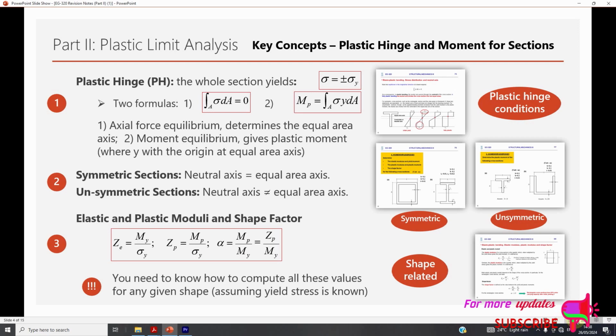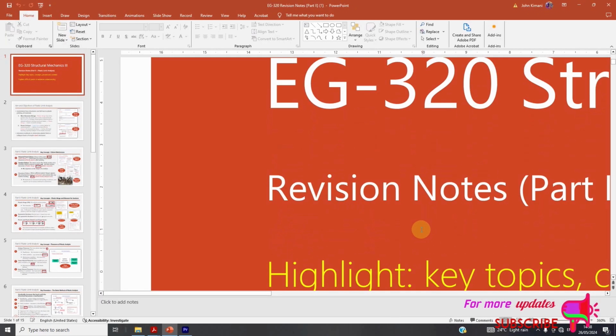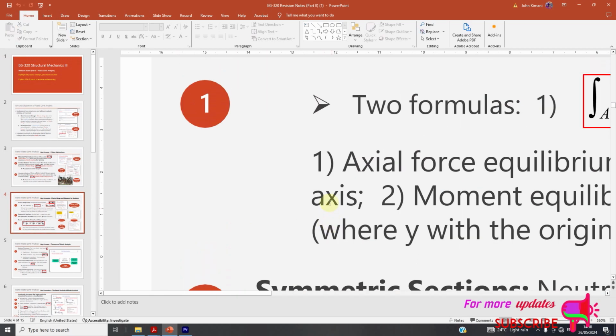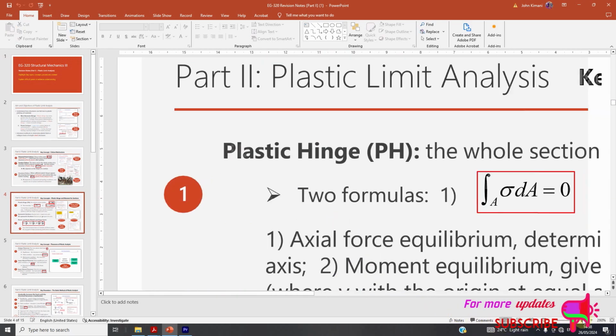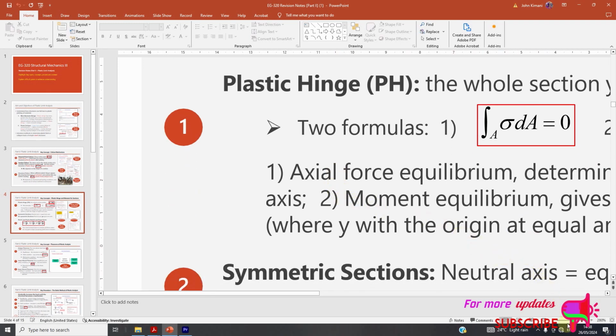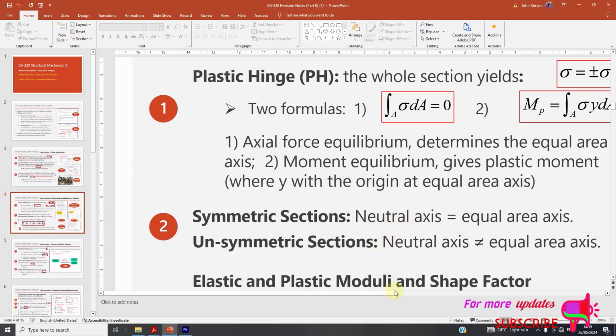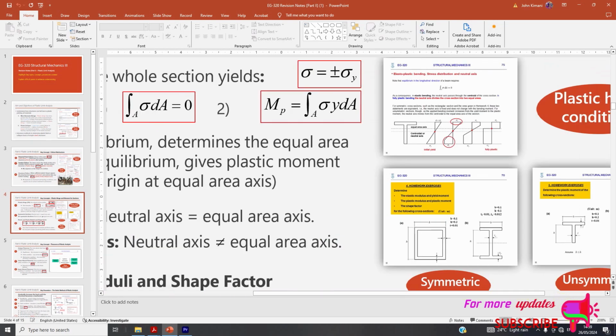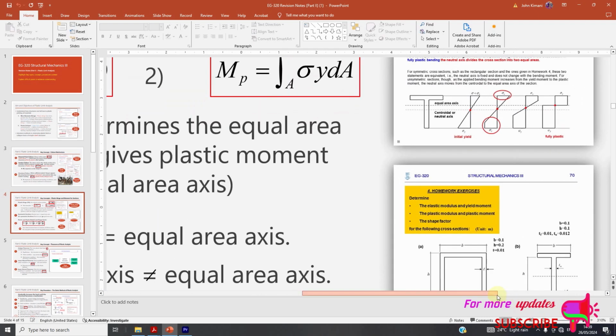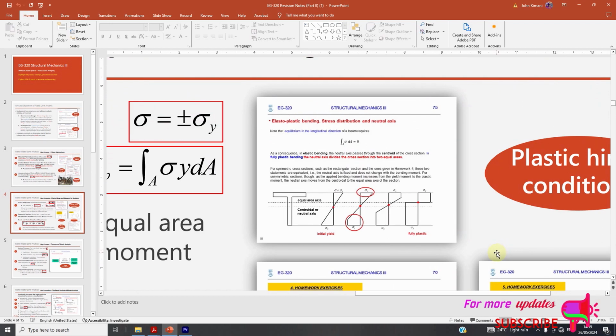Plastic hinge and moment sections. A plastic hinge is where the whole section yields.